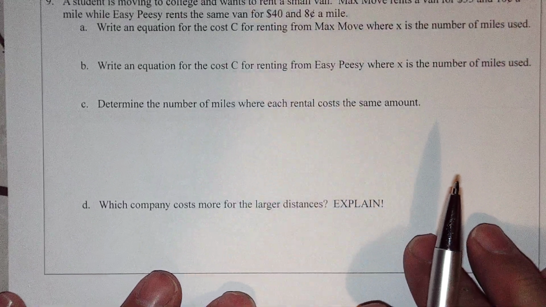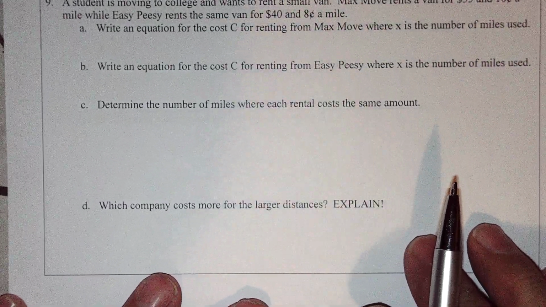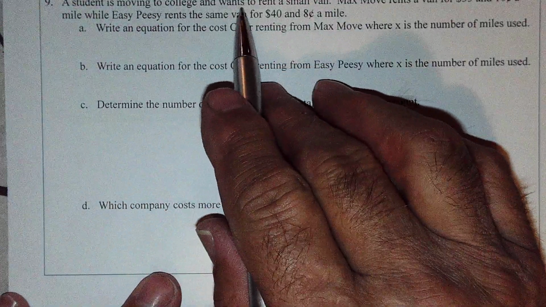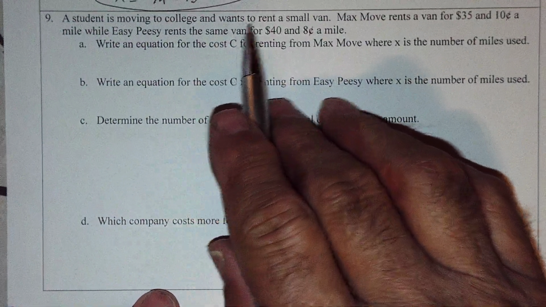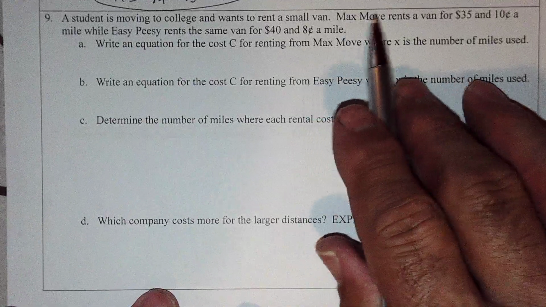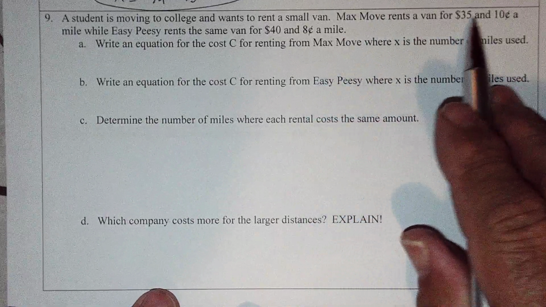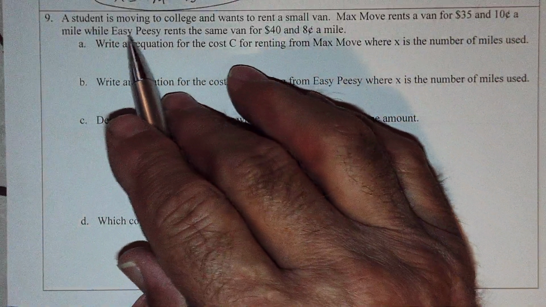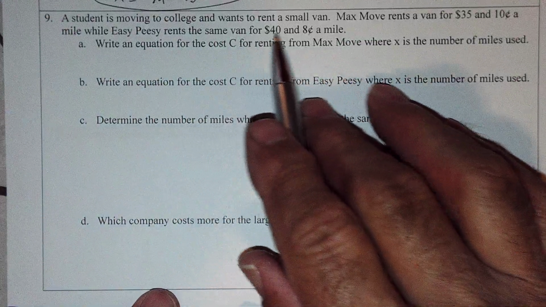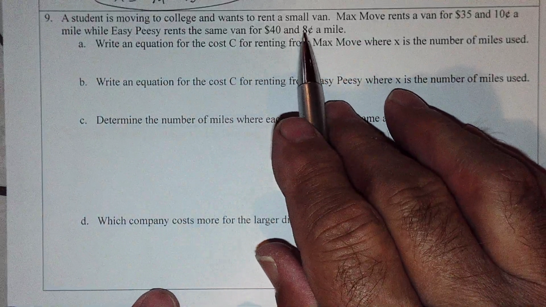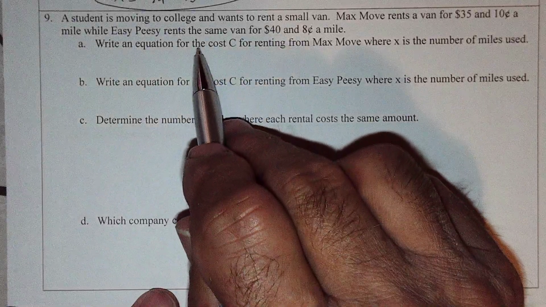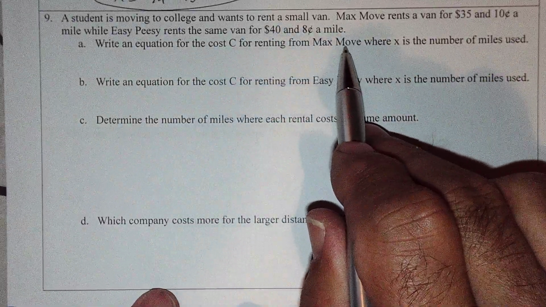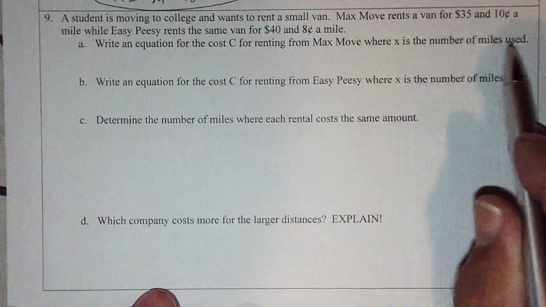Number 9. Students moving to college and wants to rent a small van. Max Move rents the van for $35 plus 10 cents a mile, while Easy Peasy rents the same van for $40 plus 8 cents a mile. Write an equation for the cost for renting from Max Move, where x is the number of miles used.